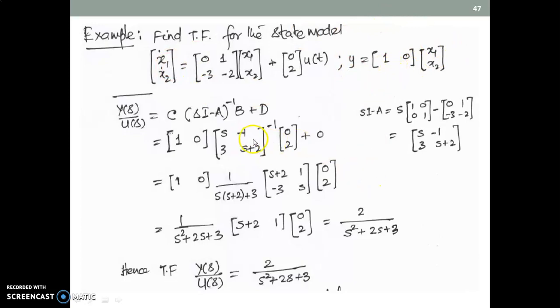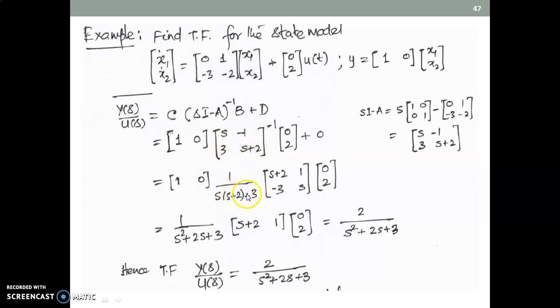To find the inverse, because it is a 2 by 2, it is very simple and you can find it very easily. It is like A, B, C, D, and we take its inverse. Find the determinant: 1 over the determinant, s into s plus 2 minus of minus 3, which is plus 3.